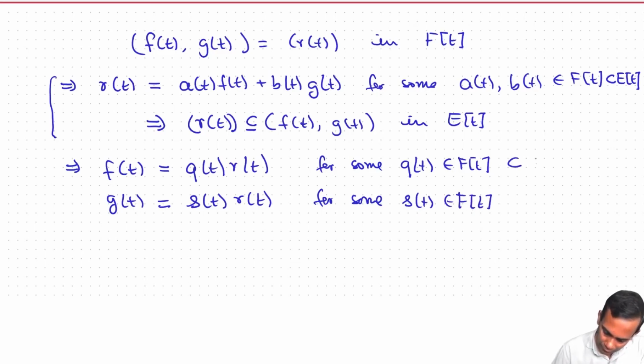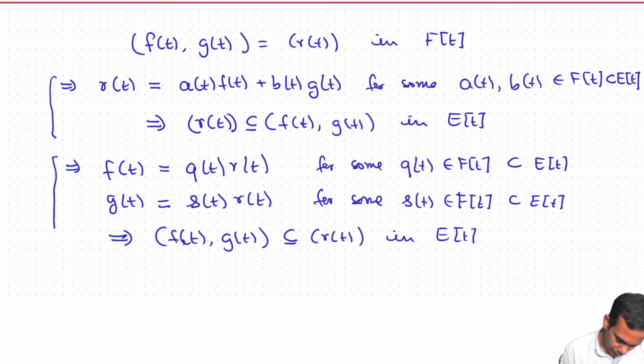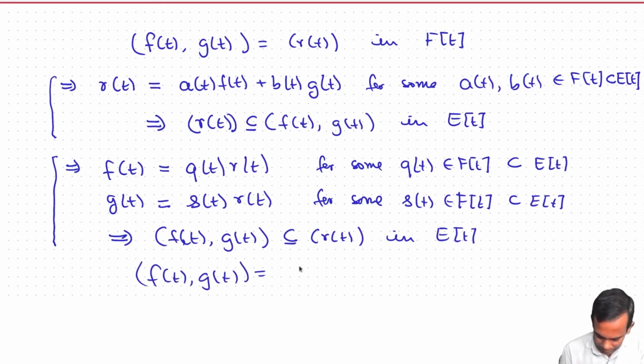Now again, F[t] is contained in E[t]. So this implies that (f(t), g(t)) is contained in (r(t)) in also the larger polynomial ring E[t]. Okay, so putting these together, what we get is that (f(t), g(t)) is equal to (r(t)) in also the larger polynomial ring E[t].